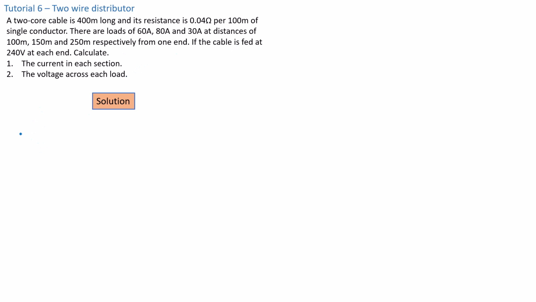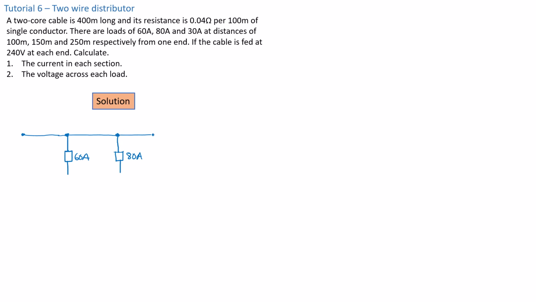So here we go. We just choose a point here, and from that point we place our first load, which is a load of 60 amps. Then we move from the 60 amps and there is another load of 80 amps.